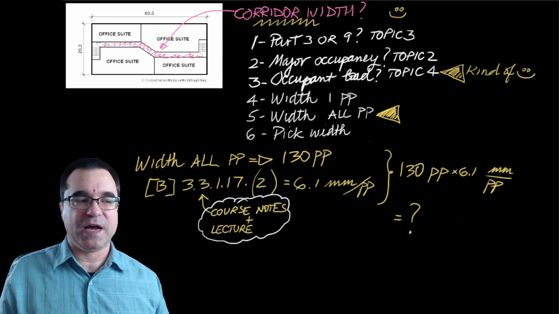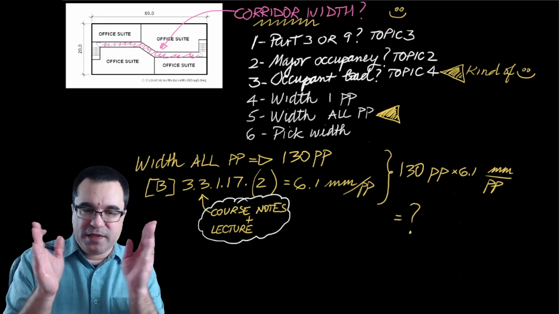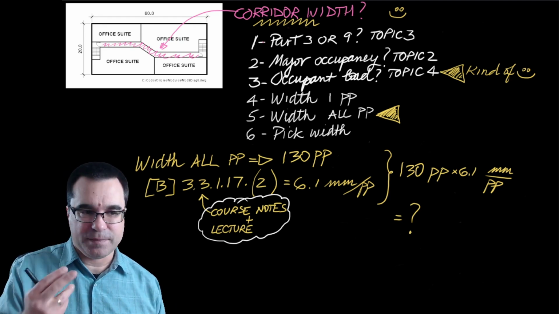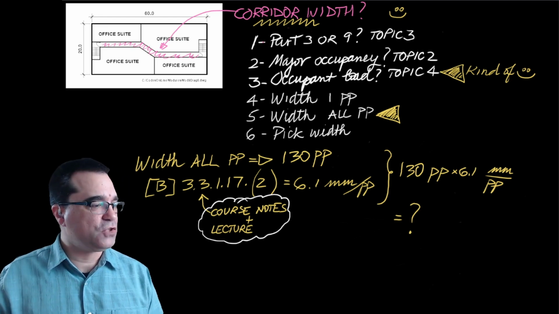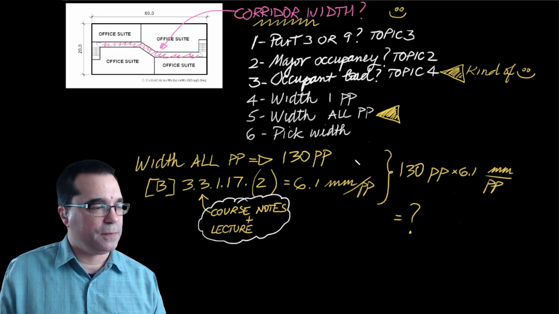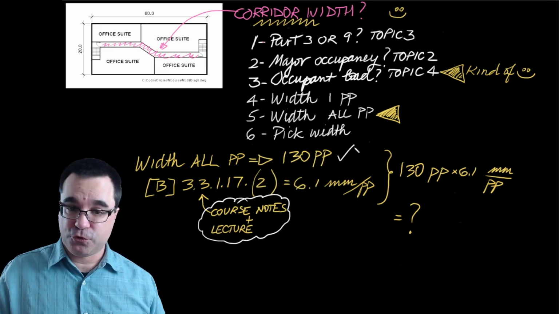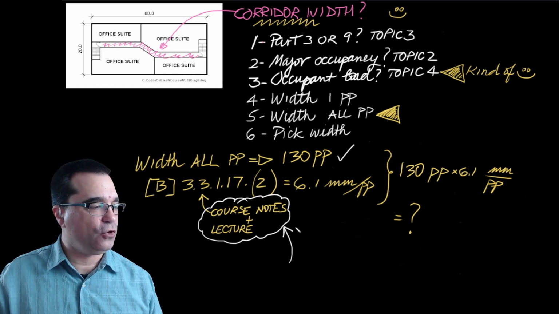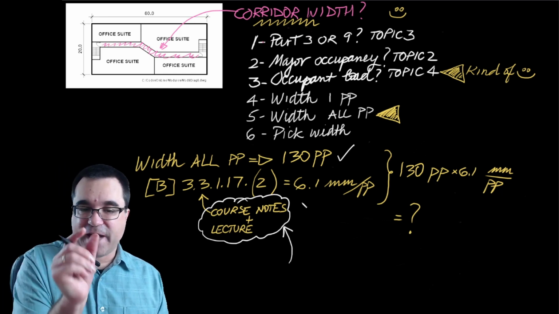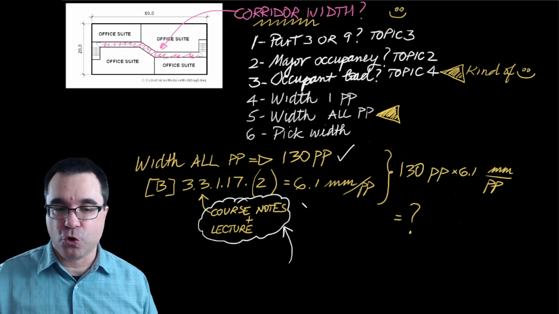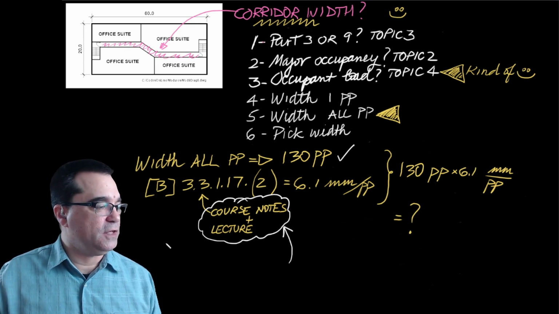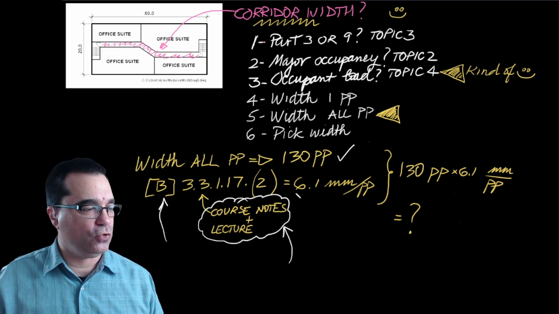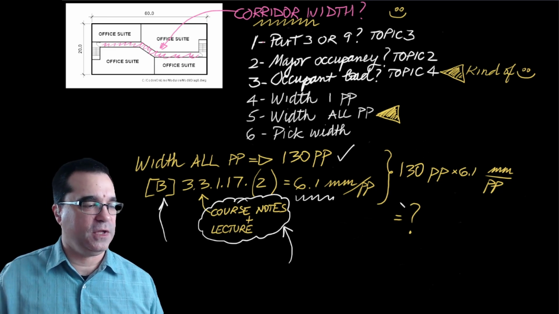In step number 5, we're going to calculate the minimum width of that corridor based on the occupant load, which we found under step number 3. Okay? So the occupant load that we got under step number 3 was 130 people. And based on what we get from the course notes and the lecture video, we find the factor per person for a public corridor under Division B, Sentence 3.3.1.17.2, which is 6.1 millimeters per person.